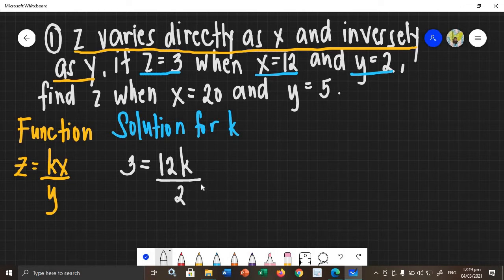To solve this equation and find the value of k, we assume that the denominator of 3 is 1, so we can cross-multiply, which makes it faster. Now, 3 times 2 is equal to 6, and 1 times 12k is equal to 12k.